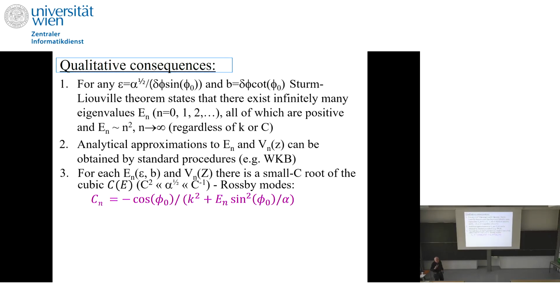Now we have 3 C's. Remember I told you there's a cubic relation between the C and the E. Okay, the C and E are related by a cubic relation. So if you now look at the small C limit, where C is very small, then what you get is this relation.